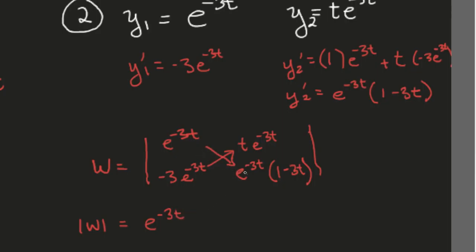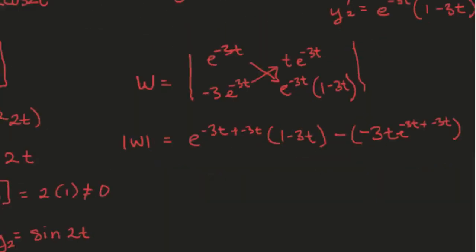Now when you multiply two like bases, you add the exponents, and then you have that 1 minus 3t. And then minus a negative 3t e to the negative 3t plus negative 3t again.